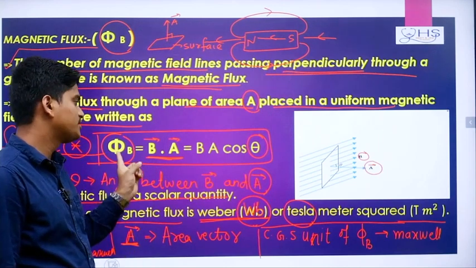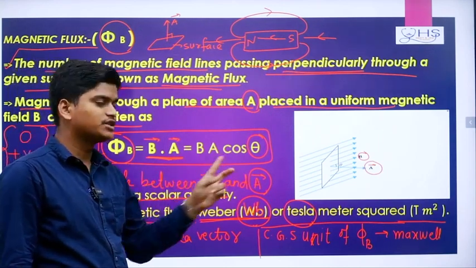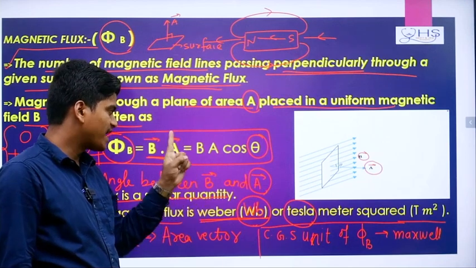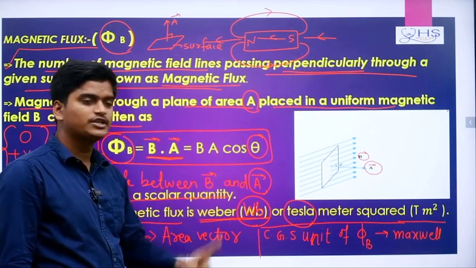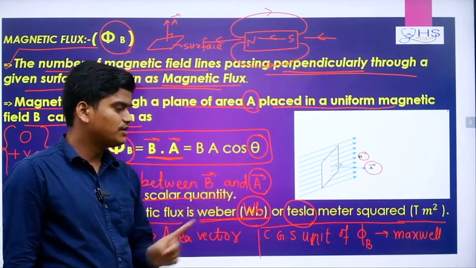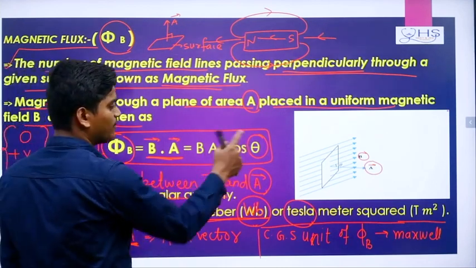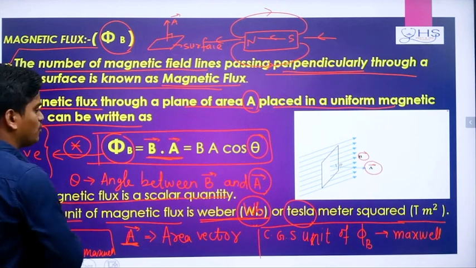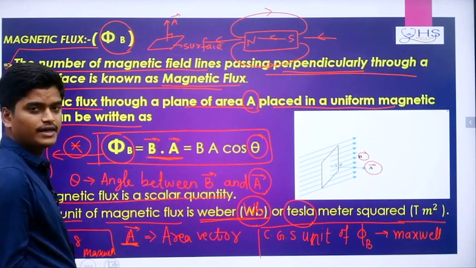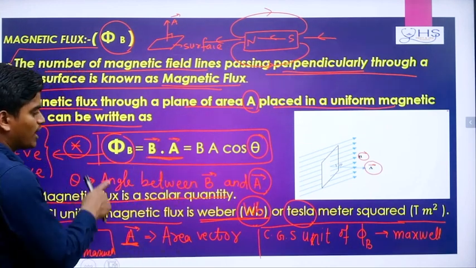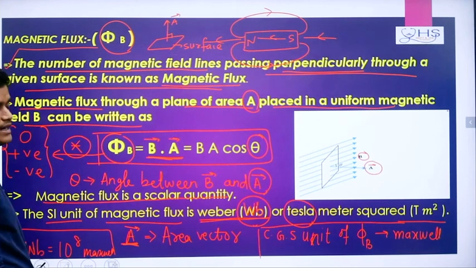In flux you have BA cos theta, three terms: the magnetic field, the area, and cos theta. If the theta value is 0 to 90, it will be positive. If the theta value is 90, then it will be 0. And if the theta value is greater than 90 and less than 180, then it will be negative. So remember that.